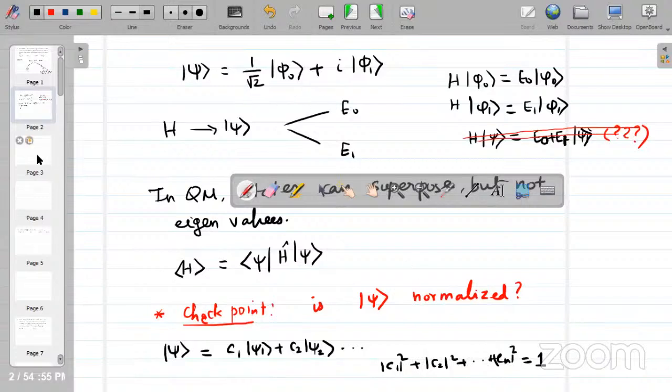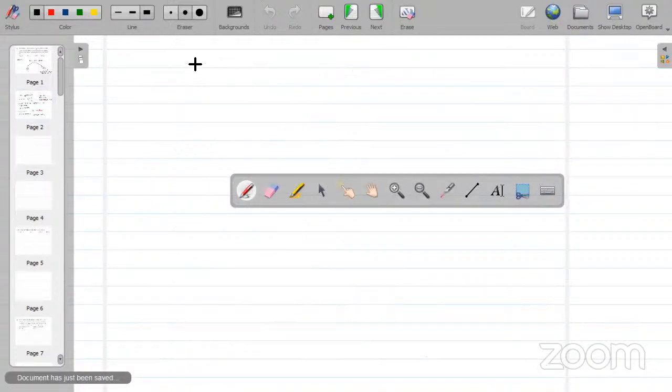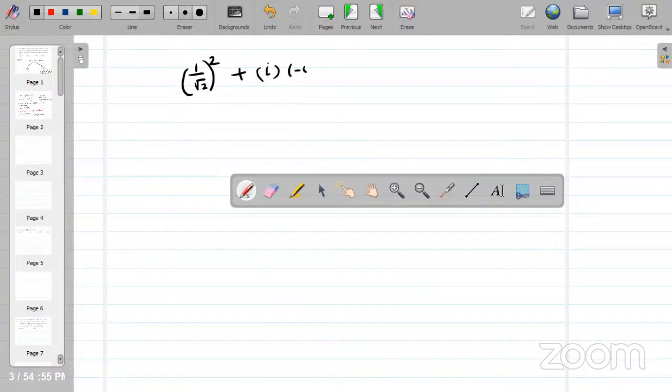So if you use this case, we have 1 by root 2 the whole square plus i minus i, because it's a mod square, right? So if you add it, you may get, I think, 3 by 2, which is really not equal to 1. Okay.